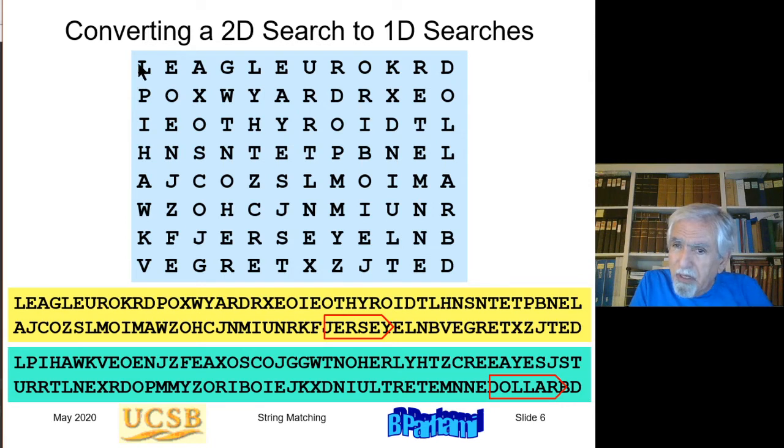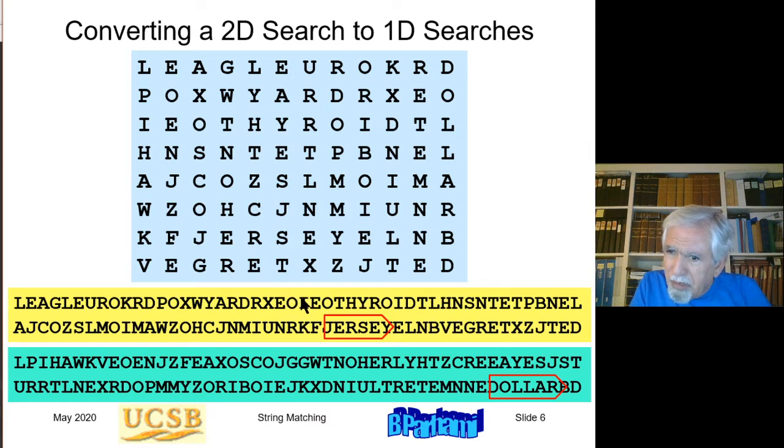So for example, if I go in row major order, I write LEAGLEUROKRD, that's up to here, and then continue with the second row, POXWYARD, until I get to this O. Sorry, this O over here.